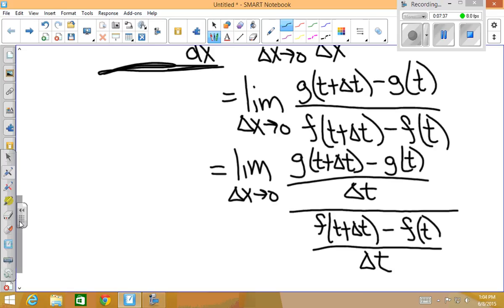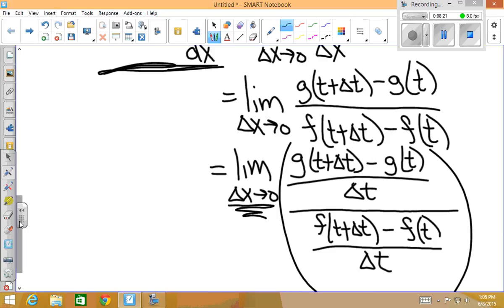So we're taking the limit of this great big fraction. But notice if we take the limit of simply g of t plus delta t minus g of t over delta t as delta t goes to 0, that would turn into the derivative of g with respect to t. And similarly, the denominator, f of t plus delta t minus f of t divided by delta t, would go to the derivative of f with respect to t if we were taking the limit as delta t goes to 0. But unfortunately, we have delta x goes to 0.